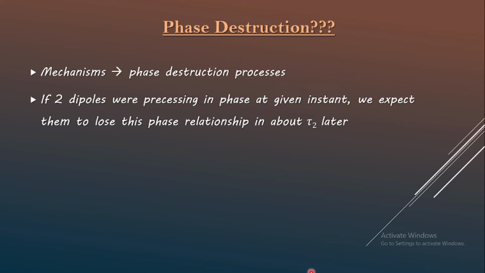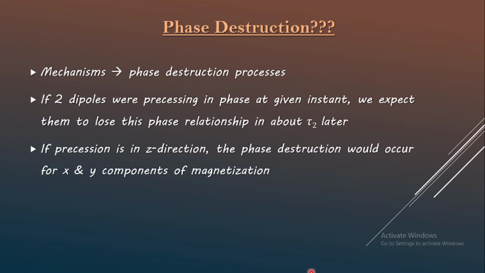So at equilibrium we can say two dipoles are precessing in phase. But when the perturbation or the external fields act, especially the oscillatory field, this phase relationship is disturbed, due to which we say there is a phase destruction taking place.